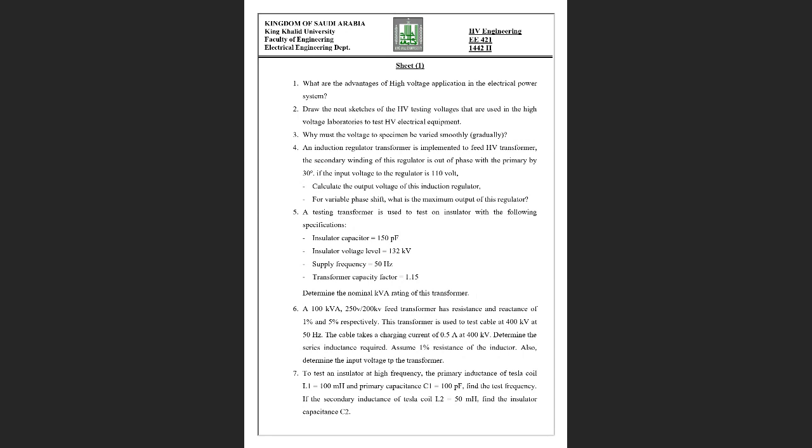Find C2. So L1 is 100 millihenry, L2 is 50 millihenry, and C1 is 100 picofarad. We have to calculate the resonant frequency and C2.